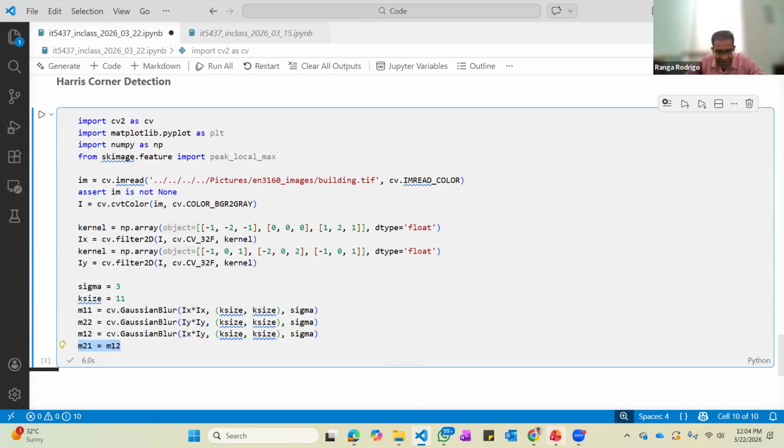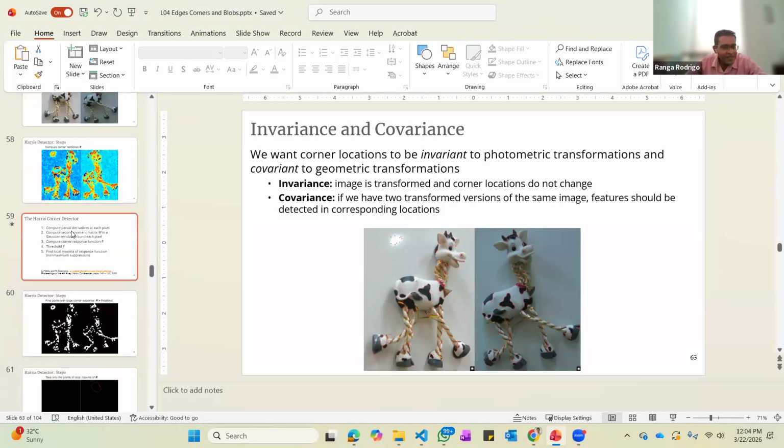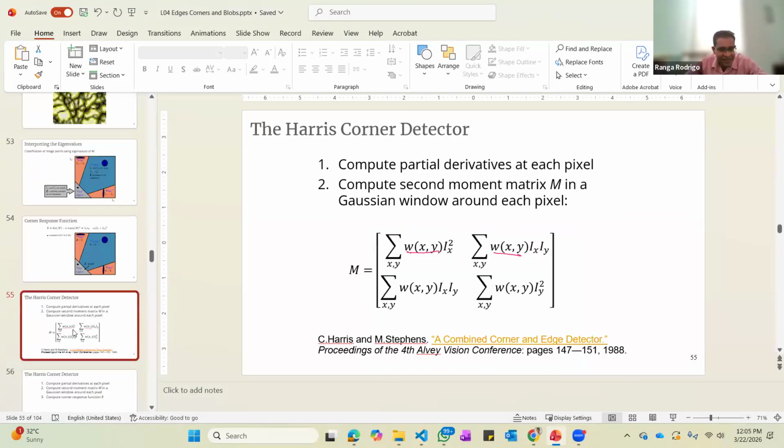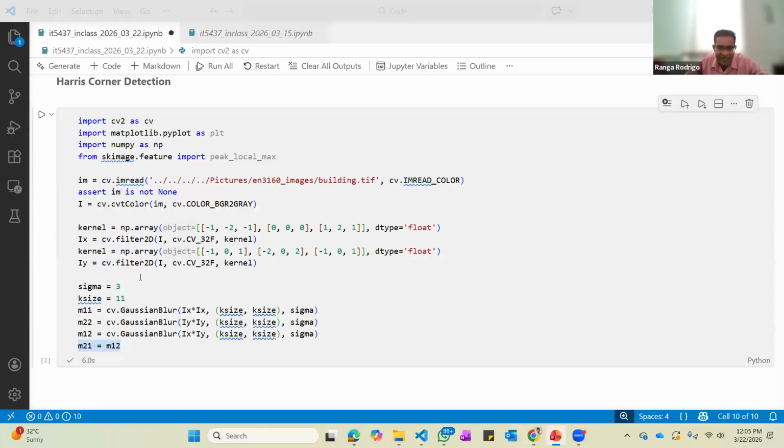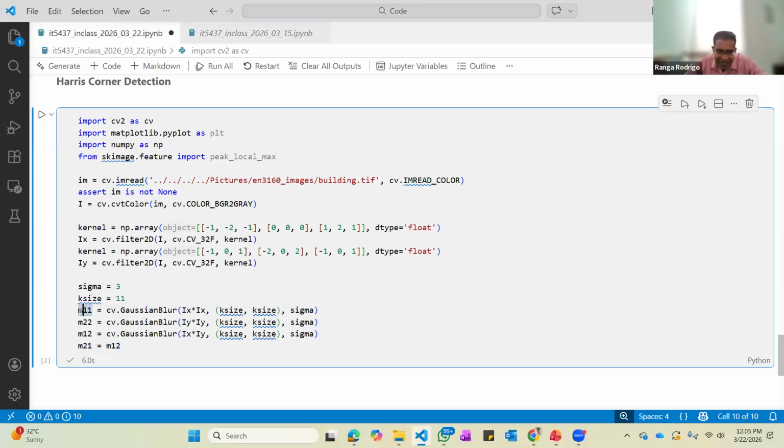Because in this M matrix, these Ix Iy entries are equal. So you can see this Gaussian window summing is there. But one thing is all these things are of the size of the image, since I am doing it for all the pixels.